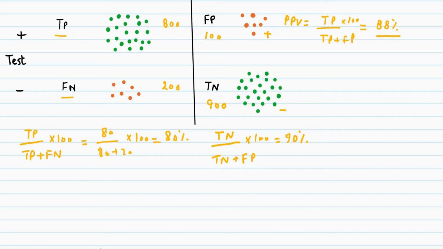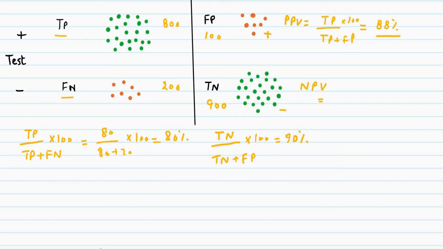Now, if the result of this test turns out to be negative, we have another test characteristic that tells us how likely this negative result is true negative, and that test characteristic is called negative predictive value.